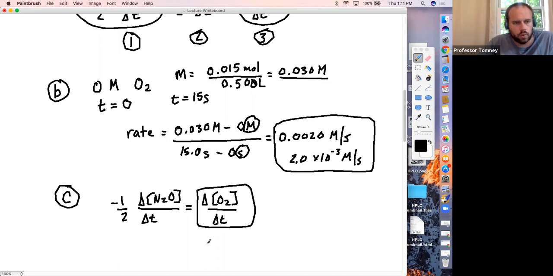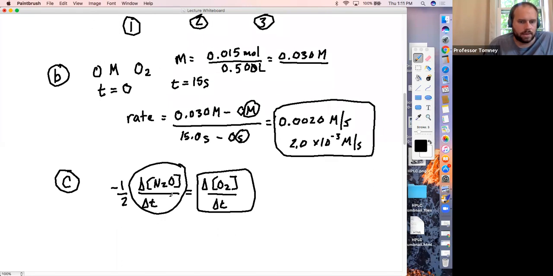So what we're going to do is set this value equal to -1/2 delta N2O over delta T, get rid of the -1/2 because we're going to apply that over to the actual numerical side, and then we will find the value for this right here, and that will be the rate of disappearance for that.